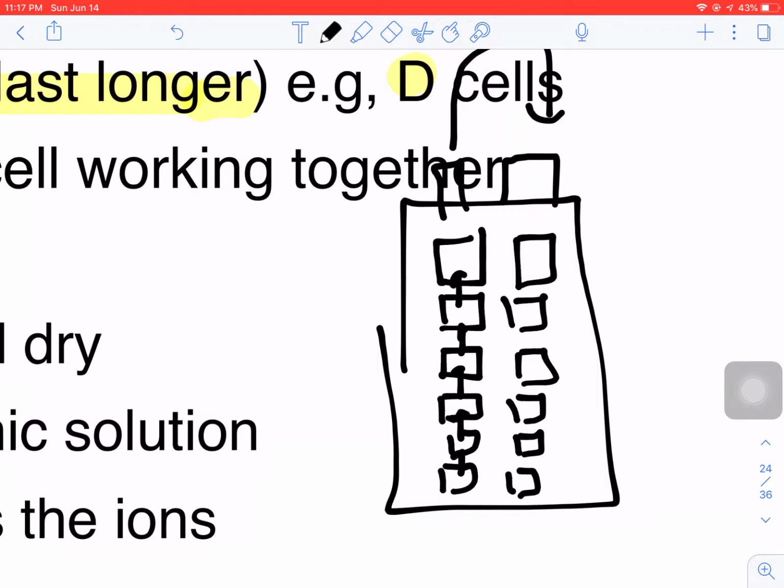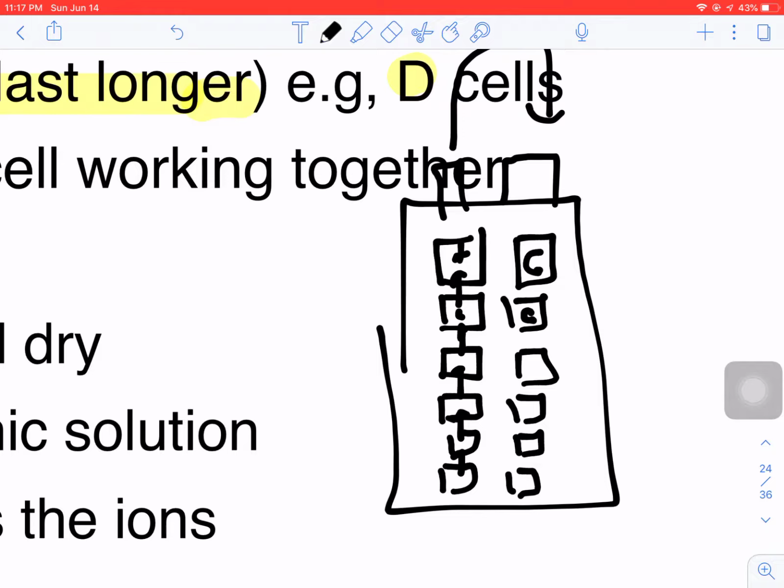Remember, each cell is 2 chambers, a Leo and a Ger, and a Leo and a Ger, and a Leo and a Ger. So I've got 6 cells going on here, and each one gives electrons a little more voltage or a little more energy. So when they come out the top, they've got quite a lot of energy, a lot more than I would have had.